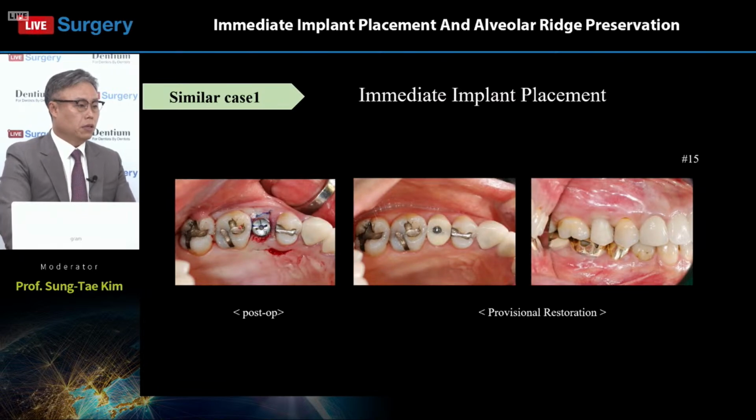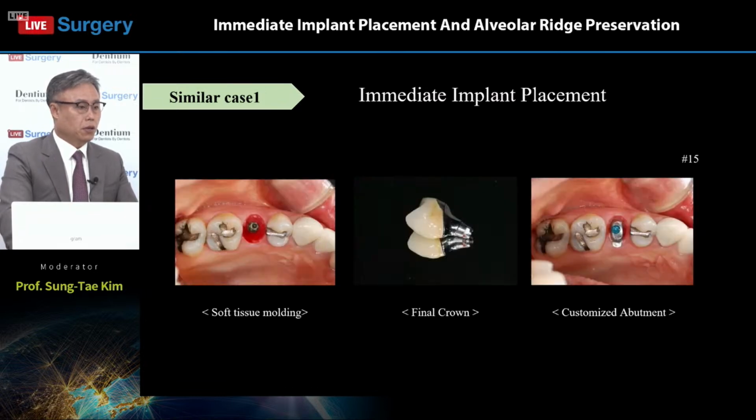After immediate placement of the implant, bone graft was performed and suture was performed, and after several weeks, a provisional restoration was delivered, and the final restoration was also delivered. Before making the final prosthesis, Dr. Lee probably did soft tissue molding with a customized impression coping, and the final crown was made.